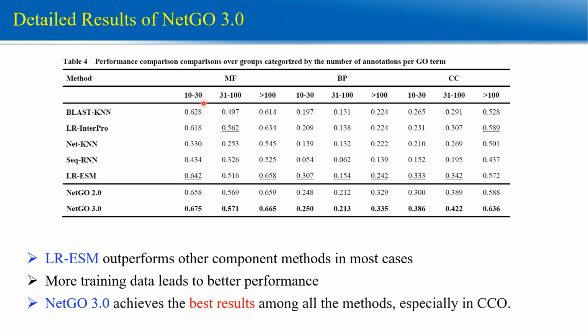From this table, we can see that NetGO 3 achieved the best performance, and for GO terms with more proteins annotated, all methods achieve better performance. So this also affirms that more training data leads to better performance. For GO terms with specific functions in the deeper layers, NetGO 3 achieved the best result, which strongly suggests that ESM1B is powerful for predicting proteins with specific functions.